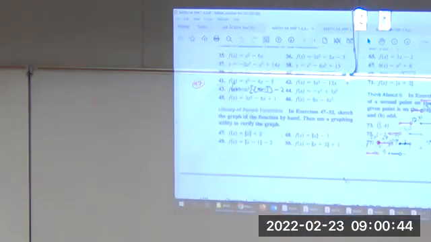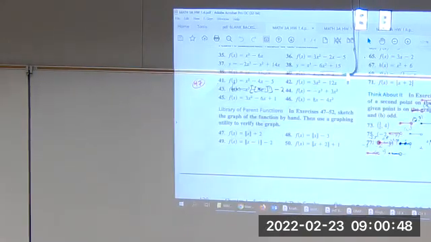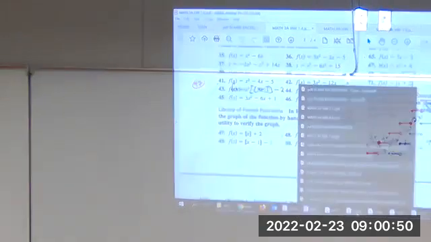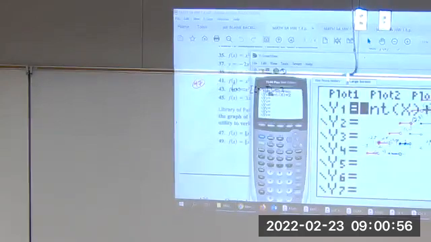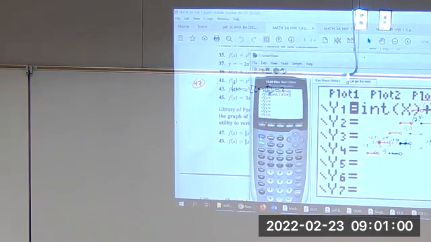Inside the greatest integer notation, we have an x minus 1. We're messing with the x's. And then instead of adding 2, we're going to subtract 2.